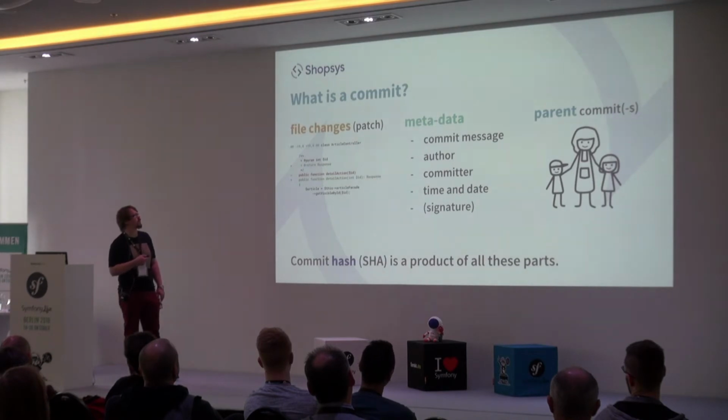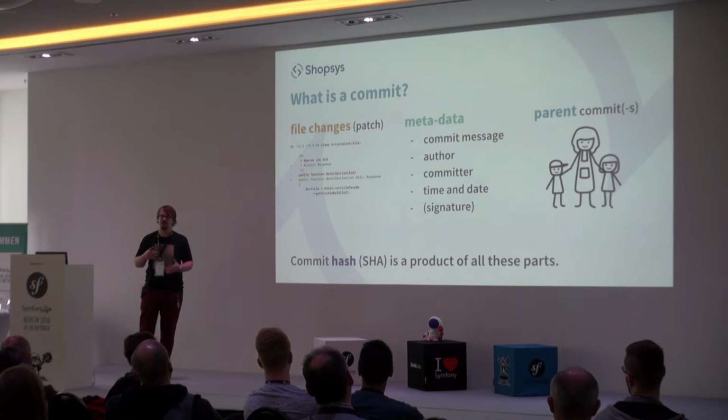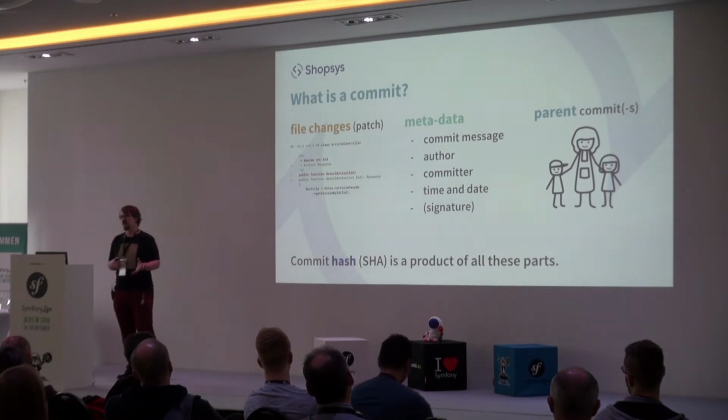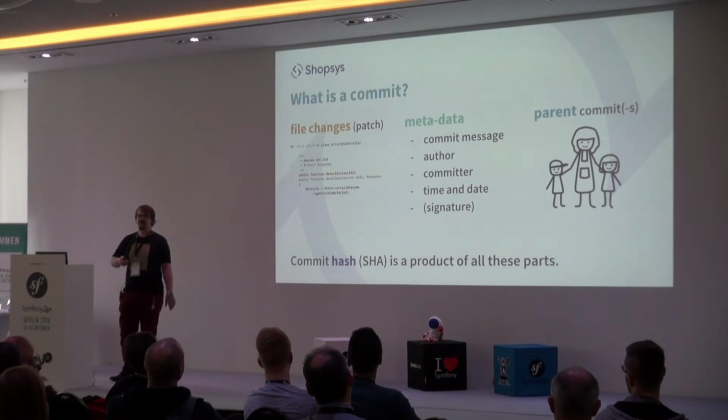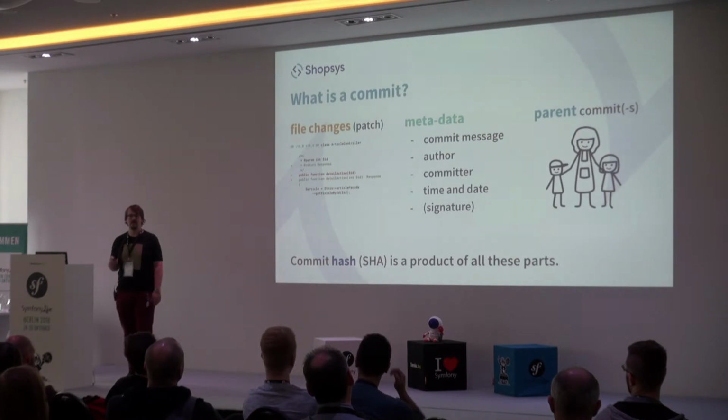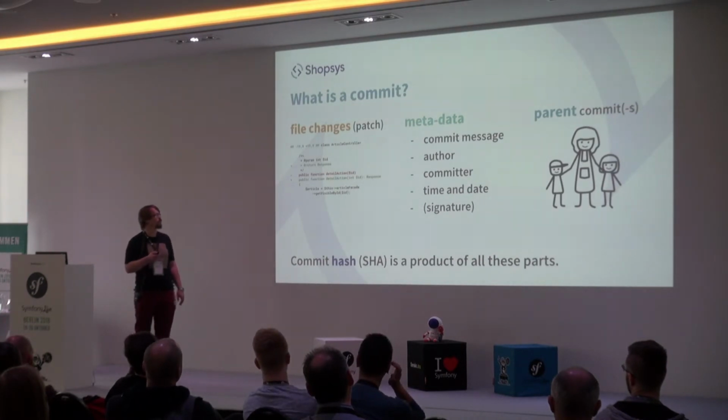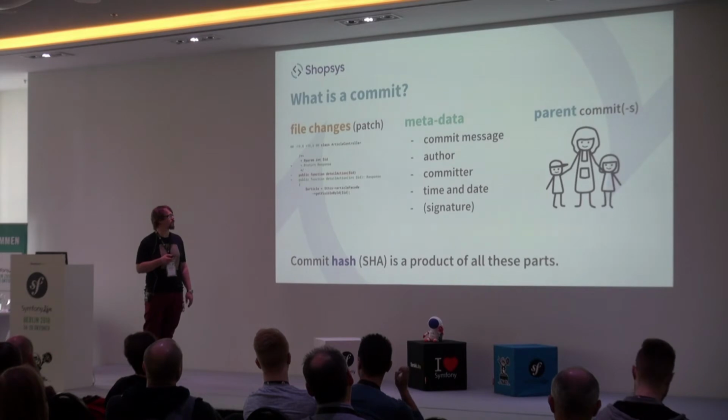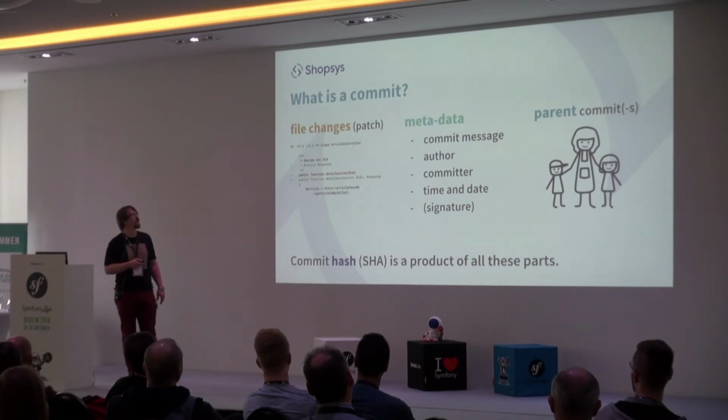You can see it as a patch, and it's not only all the lines that were removed, all the lines that were added. It's also file permissions. That's a thing that, for example, surprised me when I learned about that.